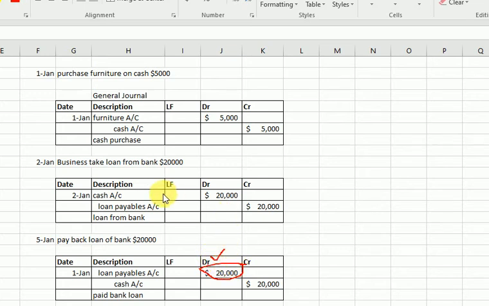DR means debit side. And here on 2nd January liability is increased, this 20,000. So an increase in liability is recorded on the credit side. Now look at this debit 20,000 and this credit 20,000 will cross each other.